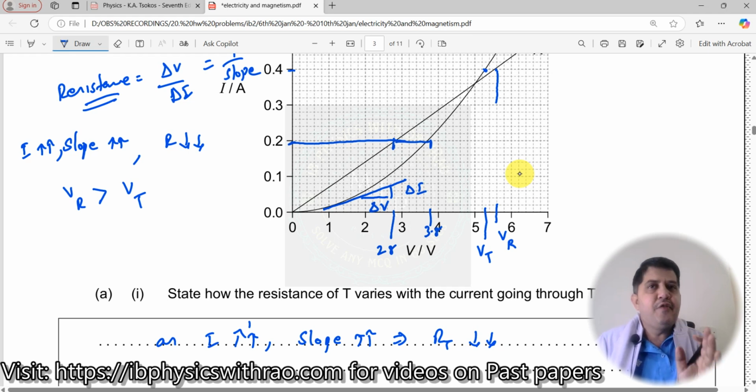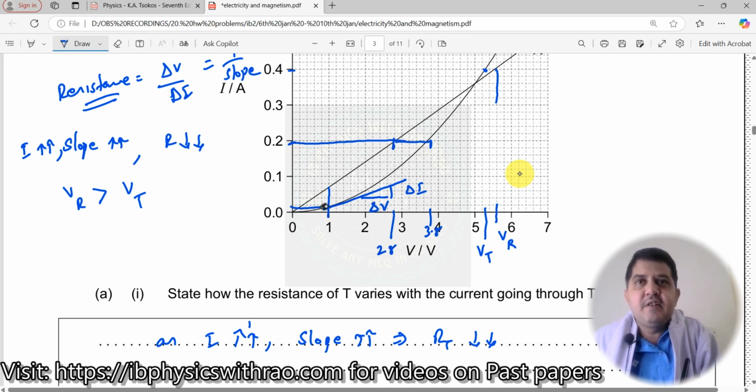So look for those values where VR is equal to VT. When will we have VR equal to VT? Let us say, for example, I draw a line like this. See here, this intersects VR. The voltage at R is 1 volt, and the voltage at T is also 1 volt. But the currents are different. What is the current here? It is somewhere around 0.02 ampere.